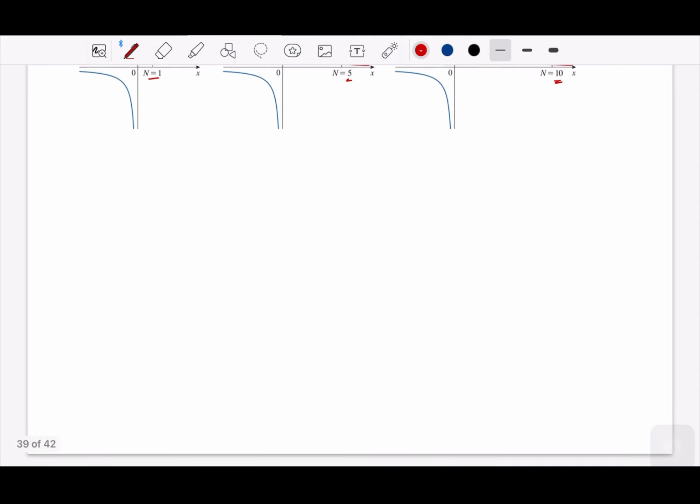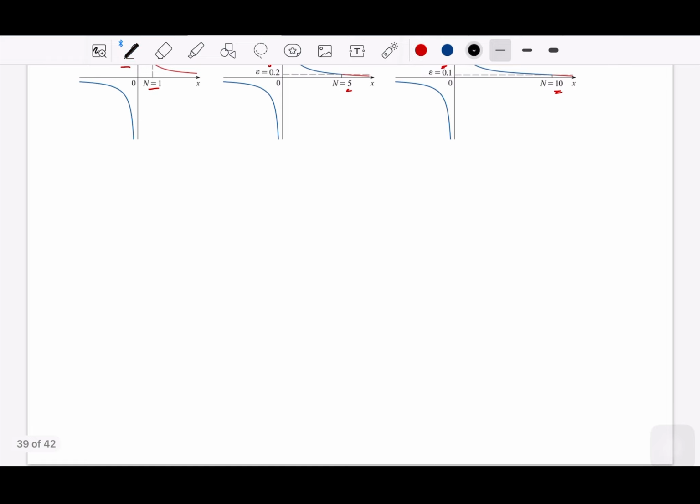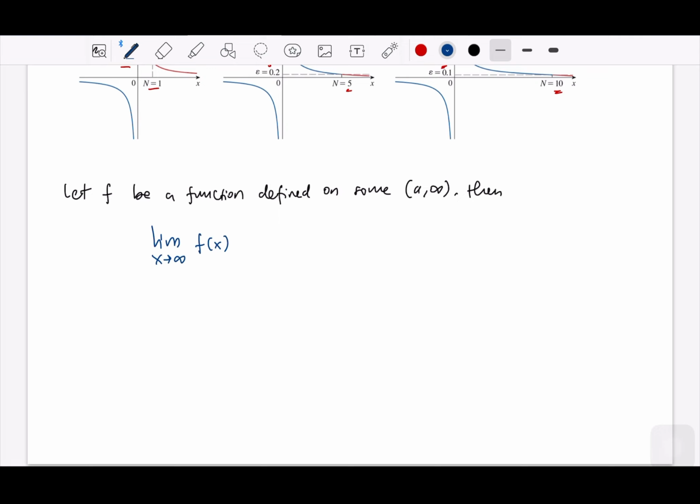One more thing, the last one, is the infinite limit at infinity. Of course, it starts with: let f be a function defined on some interval a to infinity, then the limit is infinity.